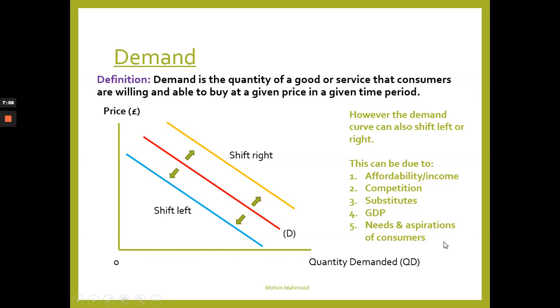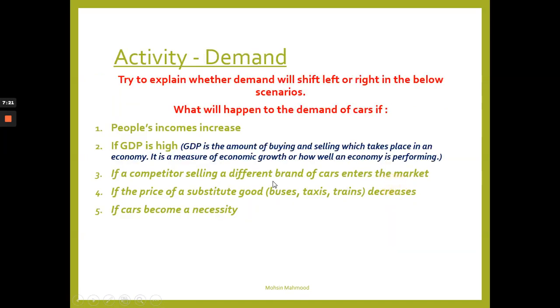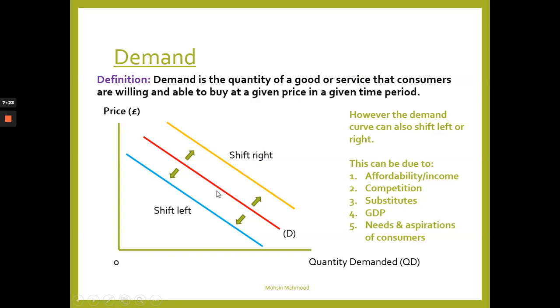So whether a product is a need, whether a service is a need, and what consumers' views are of that product, or expectations. Now these influences of demand can shift the demand curve to the right or shift it to the left, depending on whether these have increased or decreased, or depending on whether it's a need or not.